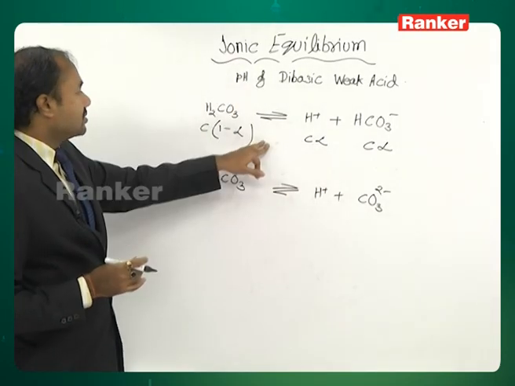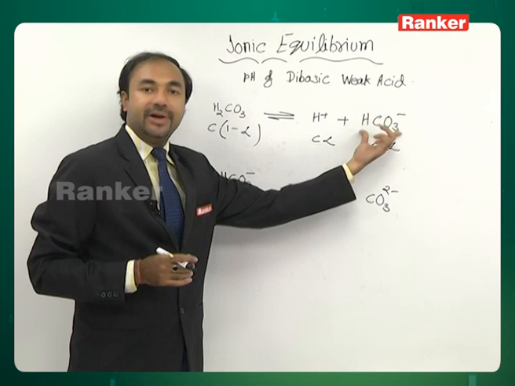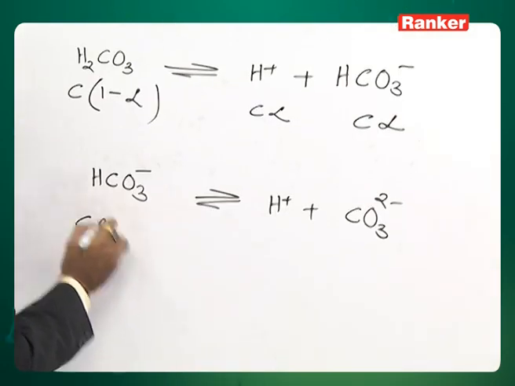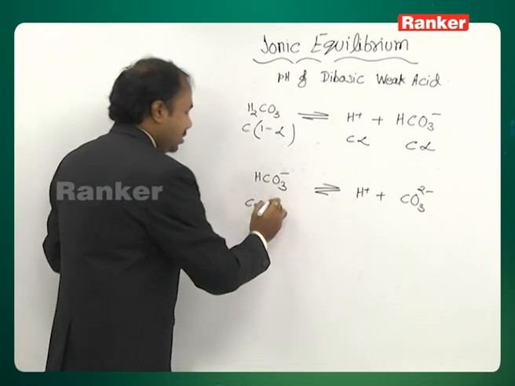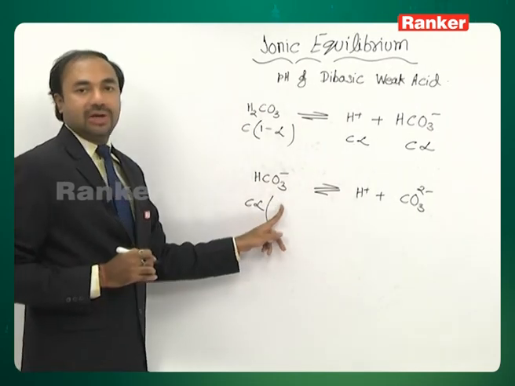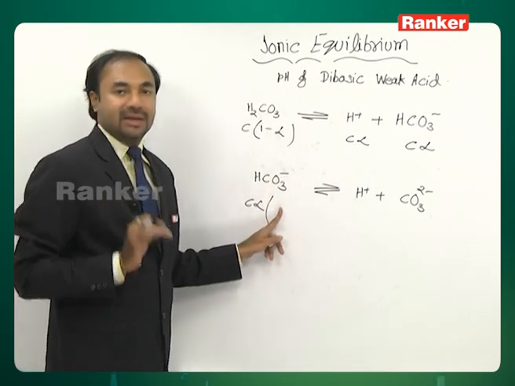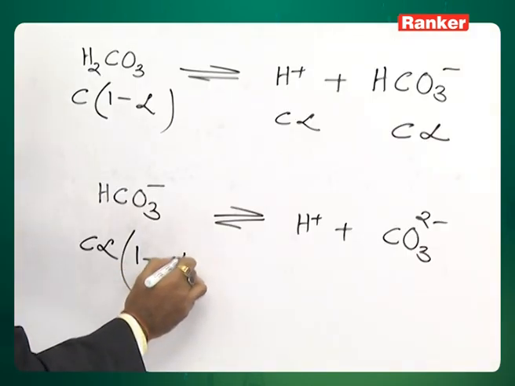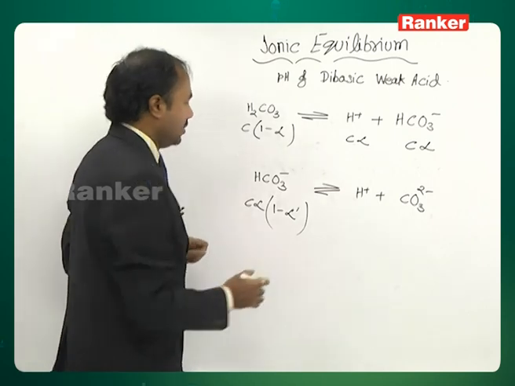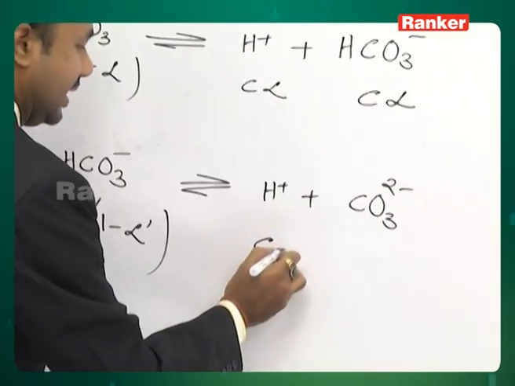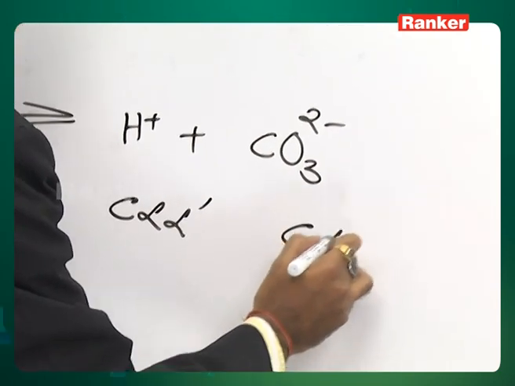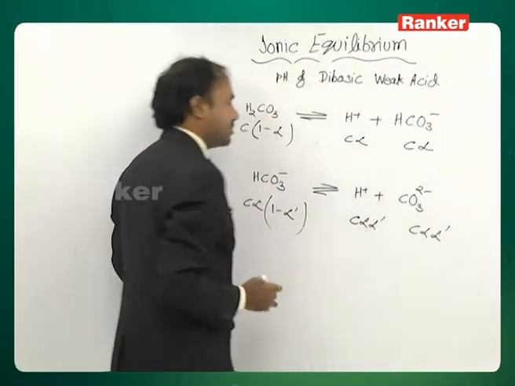Concentration of bicarbonate ion in this solution will be C alpha. We assume degree of dissociation of bicarbonate ion is alpha dash. So it becomes C alpha into 1 minus alpha dash. Now we get H plus as C alpha alpha dash, and carbonate ion also will be C alpha alpha dash.